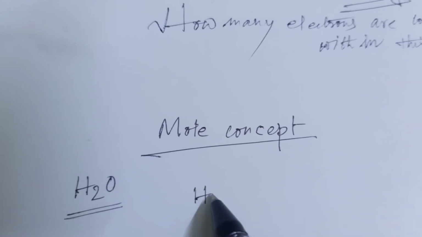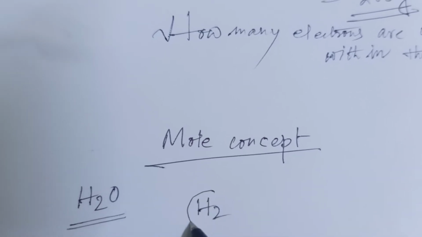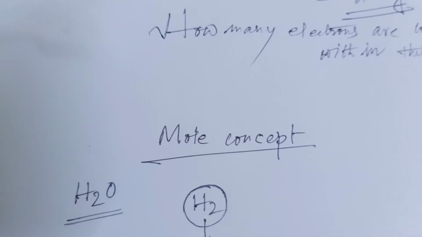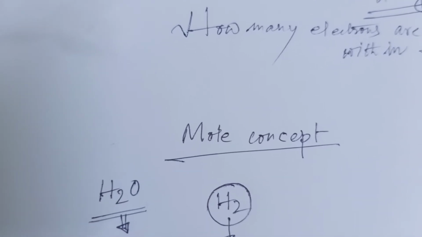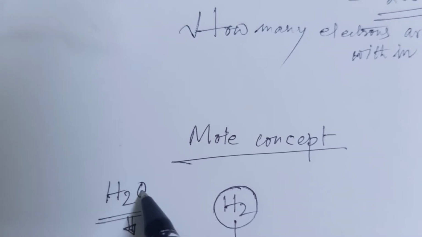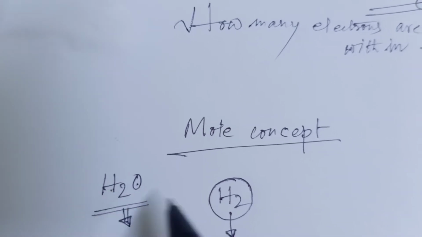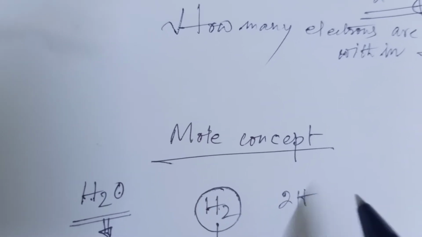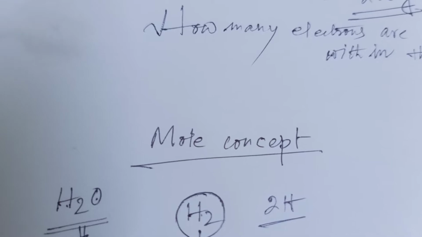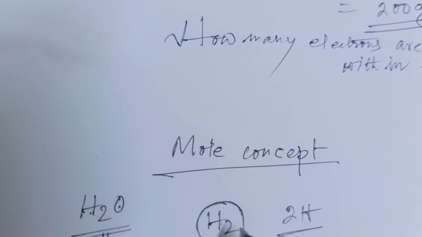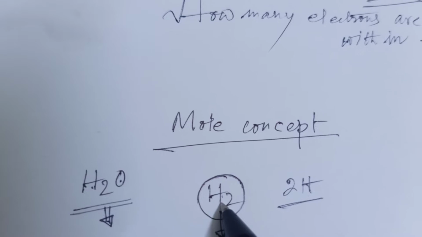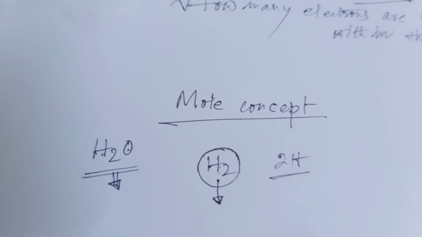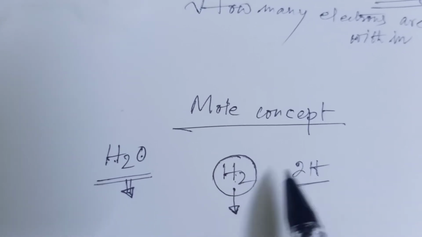If we write H2, then this is also a molecule, but this molecule is of the same kind, while H2O is of different kinds. It contains oxygen and 2 hydrogen atoms, but H2 contains only 2 hydrogen atoms. And if we write 2H, then this is 2 atoms of hydrogen. And if we write H2, then this is a molecule of hydrogen. Okay, so this is the basic difference.